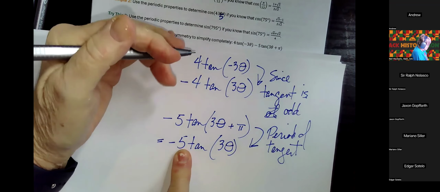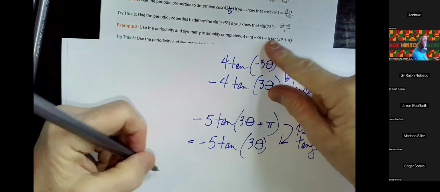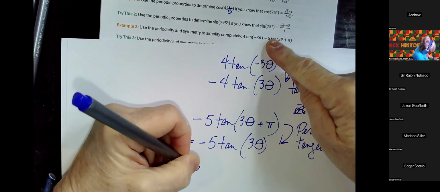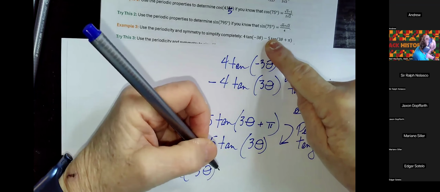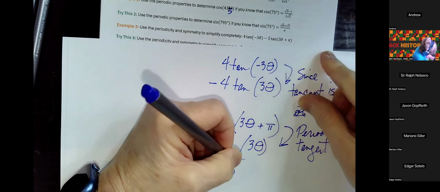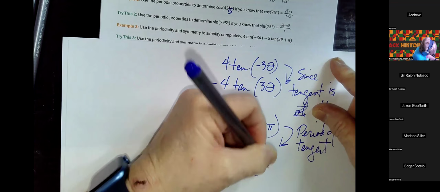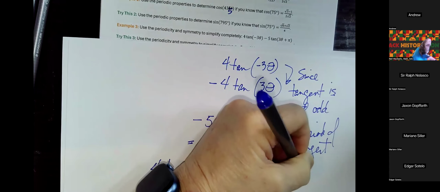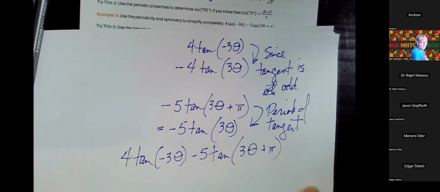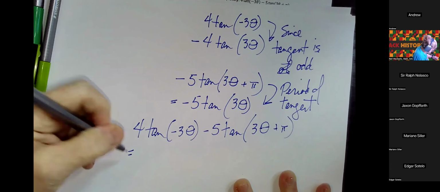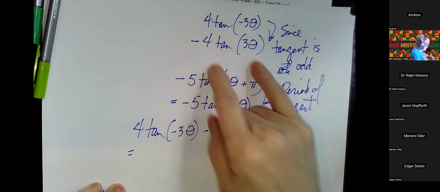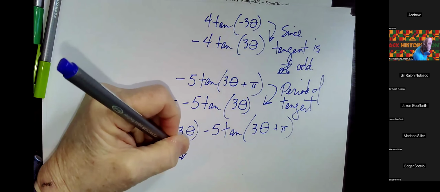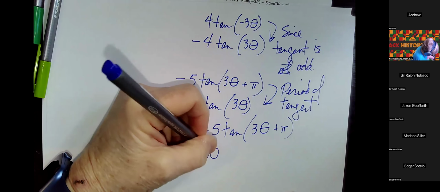And now we've got that 4 tangent of negative 3 theta minus 5 tangent of 3 theta plus pi is equal to, well, the first one holds a negative 4 tangent of 3 theta.